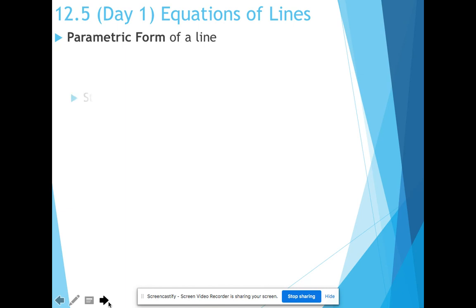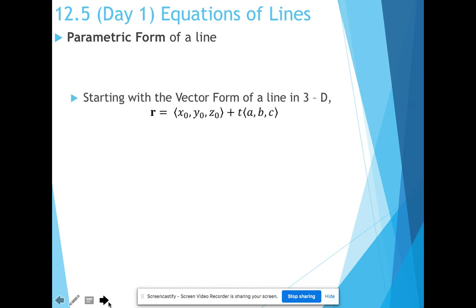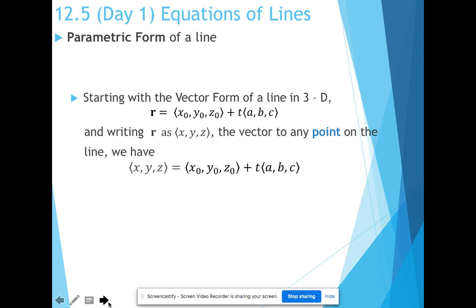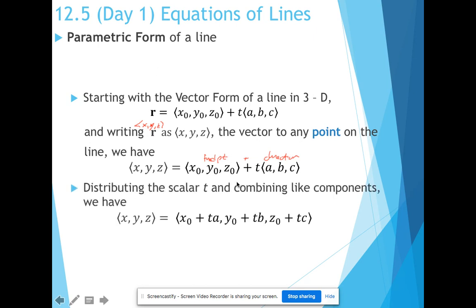The parametric form of a line: I'm going to start with the vector form that I had. And I'm going to write r. Remember, the vector r went to any point on the line, x, y, z. So I substituted in for r. R was the vector that went to any point on the line. So r is equal to the fixed point and direction. And then I distributed the t in. So I have ta, tb, tc.